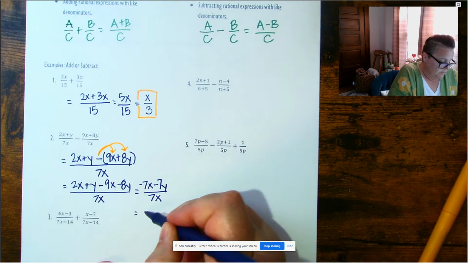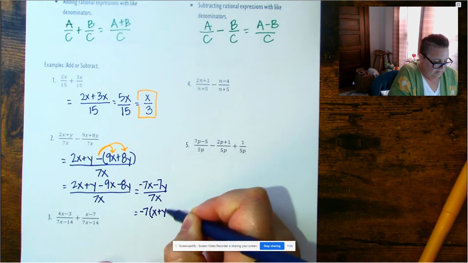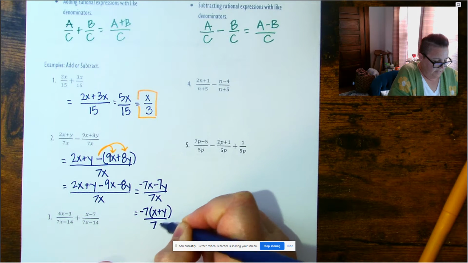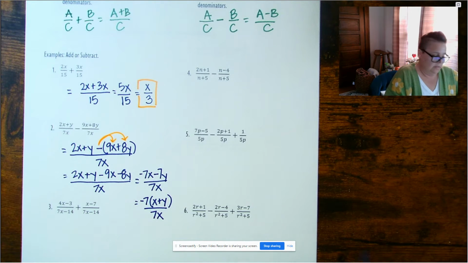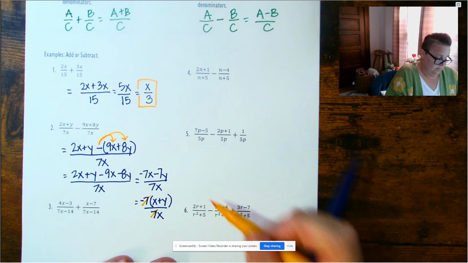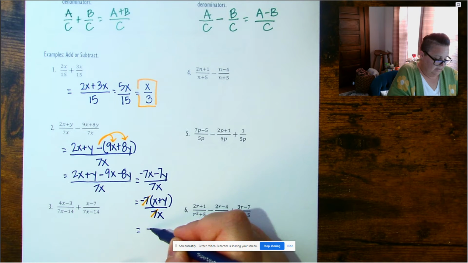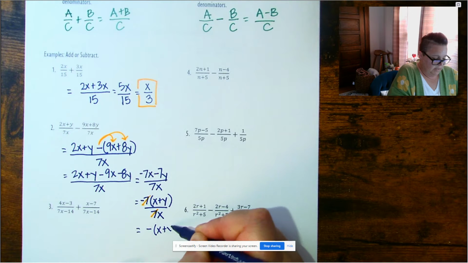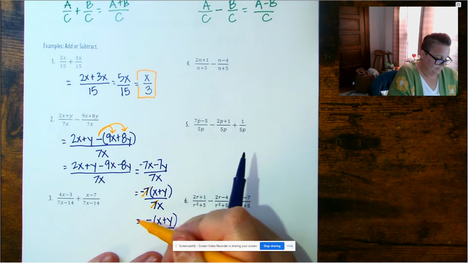Instead, what we will do is pull out a minus 7. X plus y over 7x. I should have left myself more room. Now the 7's will cancel. I'm going to have negative x plus y over x. Now I'm done.